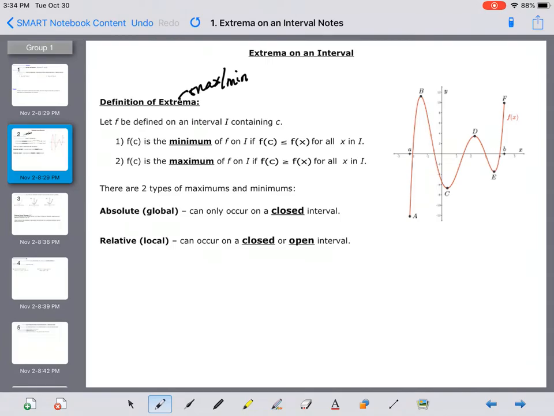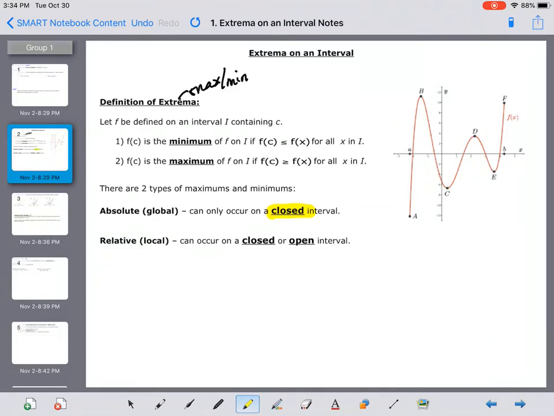An absolute extrema, or an absolute max or min, is a max or min that is the absolute highest in all of the function, in all of the interval. So there is no other y value higher or lower within the interval. When we talk about absolutes, that interval has to be a closed interval. So go ahead and get that down.